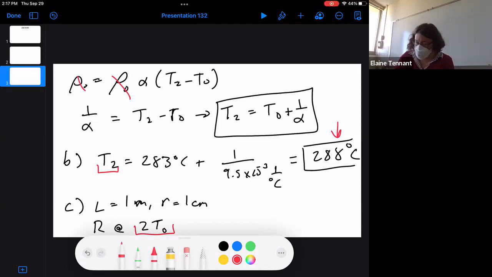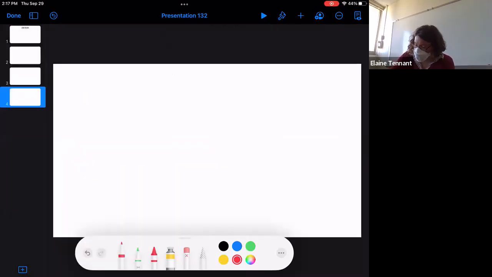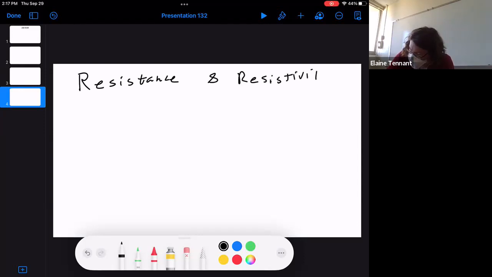Sound okay? Let's put that problem on hold while we talk about the difference between resistance and resistivity. We have this idea of resistivity rho, which is basically tied to whatever type of material you have.